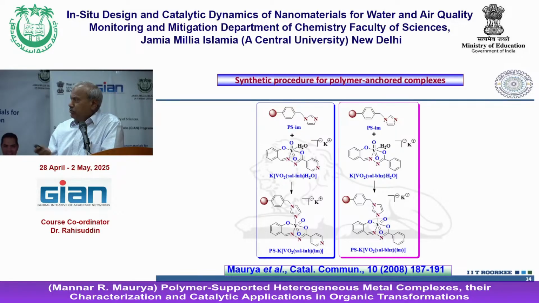That strategy worked out very well, and this way we can also prepare another heterogeneous molecule. Since the covalent bonding with the vanadium or the nitrogen is very stable, it doesn't lose very easily unless under very drastic conditions.